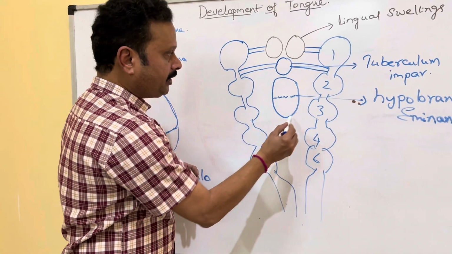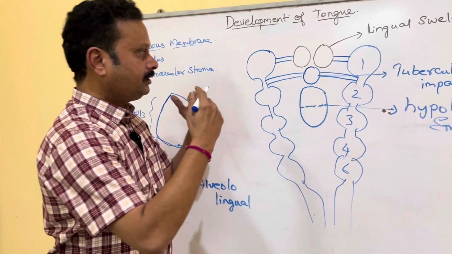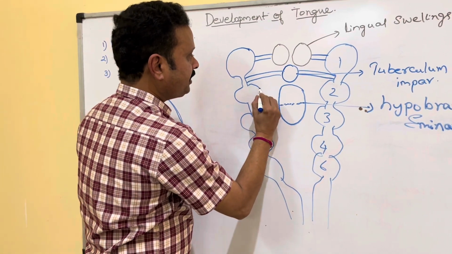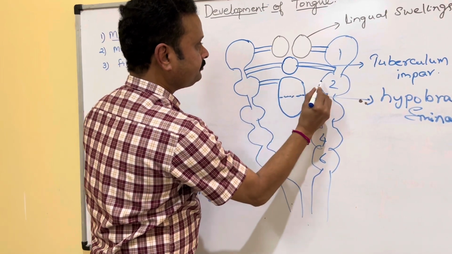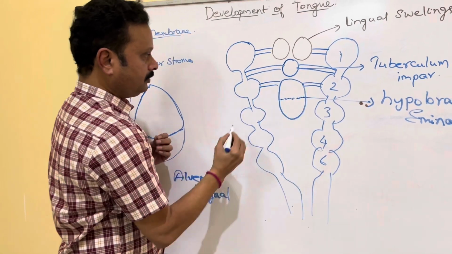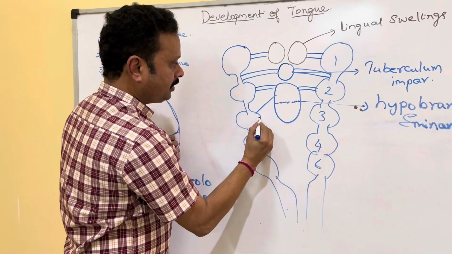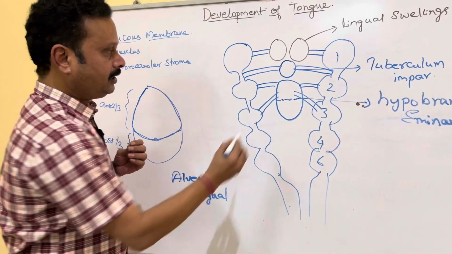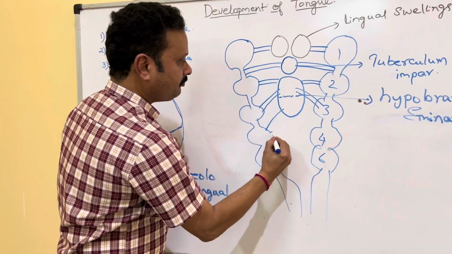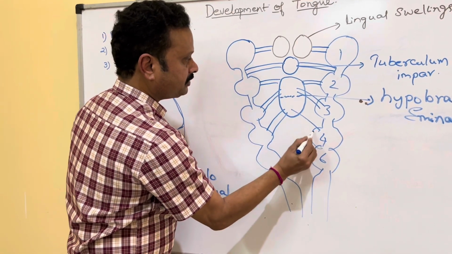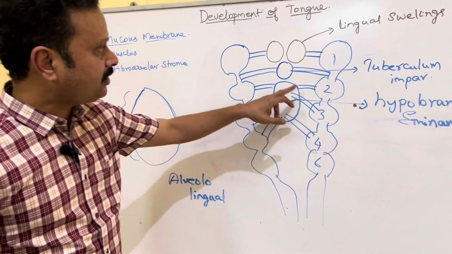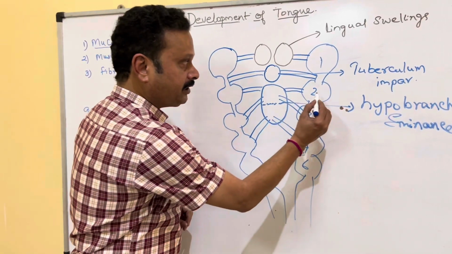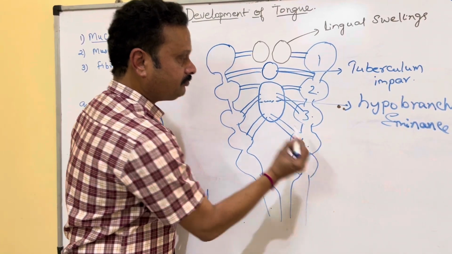The development of this overall hypobranchial eminence is contributed to, in the anterior part, by the second arch and also by the third arch, and the posterior part is contributed by the fourth arch.